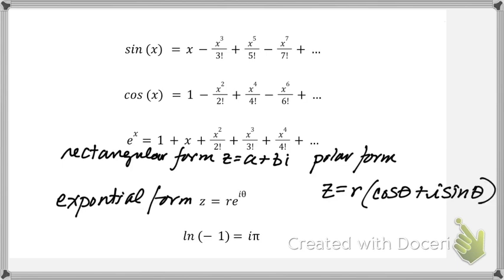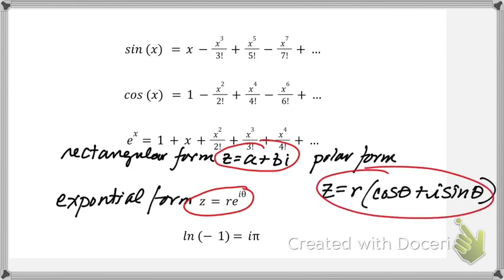And we want to be able to move back and forth between these three forms. And we want to be able to use all of these interchangeably. And that's where some of our work will take us.